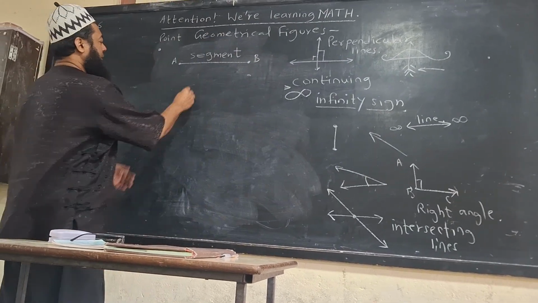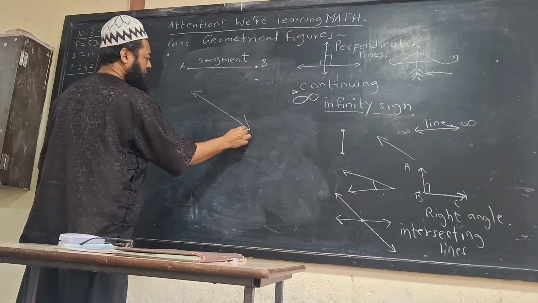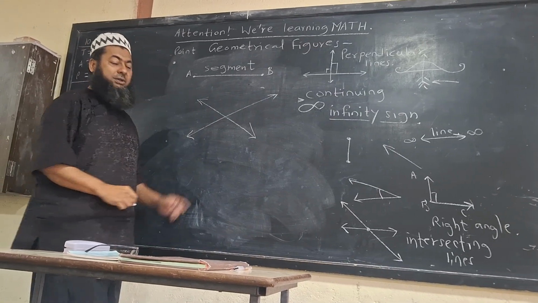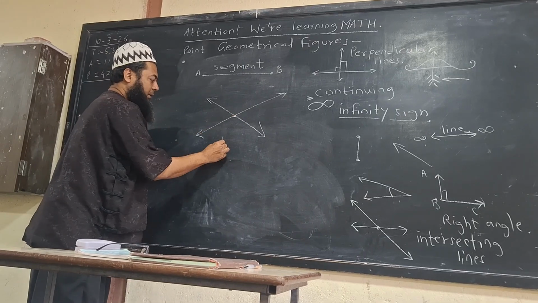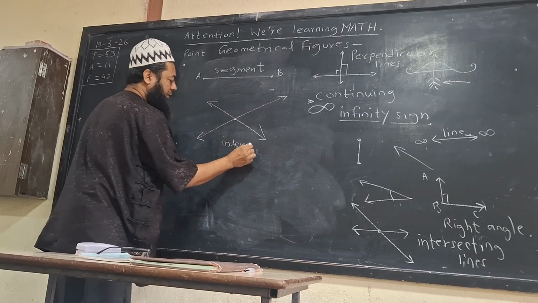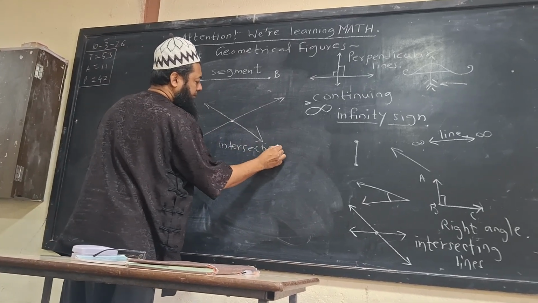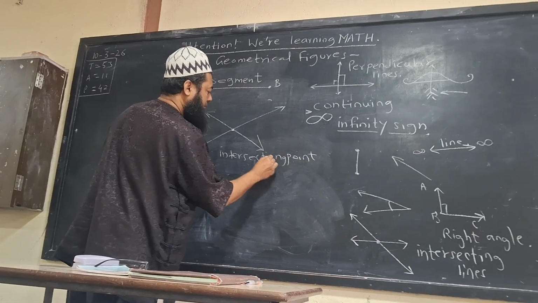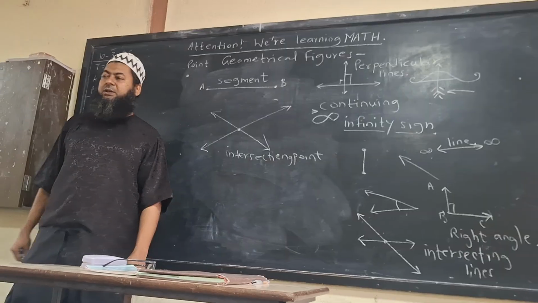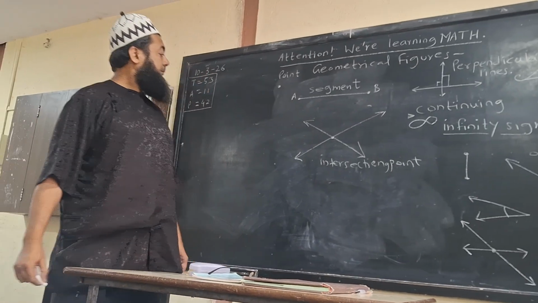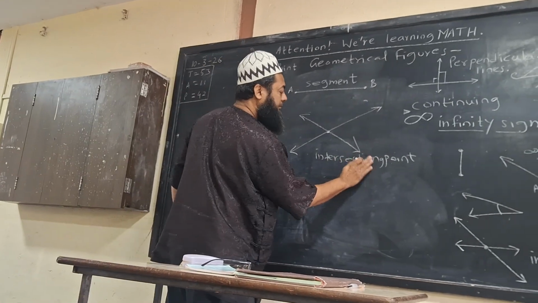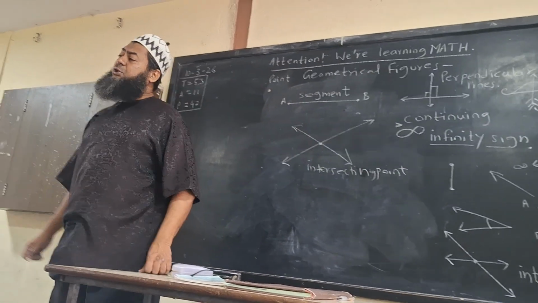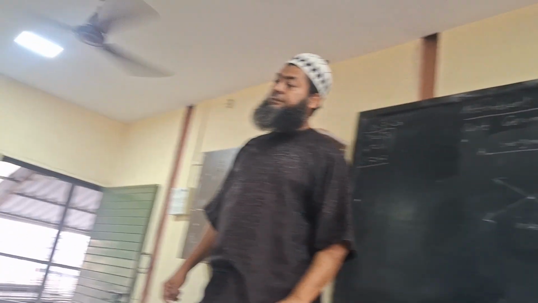Well, this is one line, and this is another line like this. This is the intersecting point.